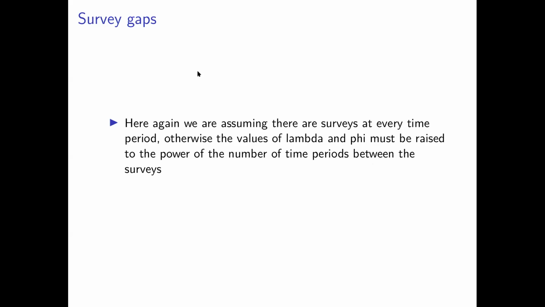So if there is a gap of 2 time periods between 2 surveys, the population would grow by lambda in the first time period between the surveys, and then by another factor of lambda before the second survey. So you just have to remember that when you're making these calculations and there are survey gaps. And the same is true for phi, as I mentioned at the start of the recording.